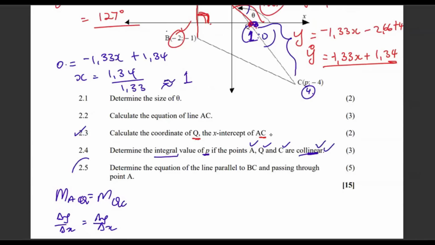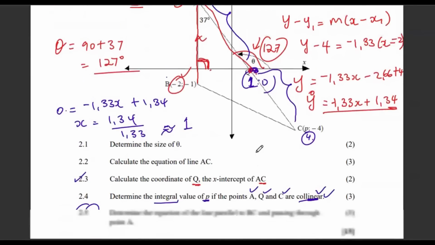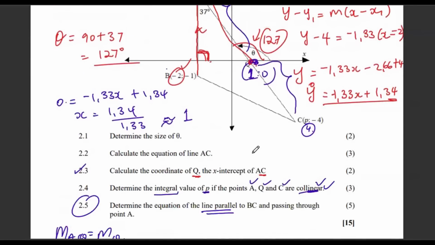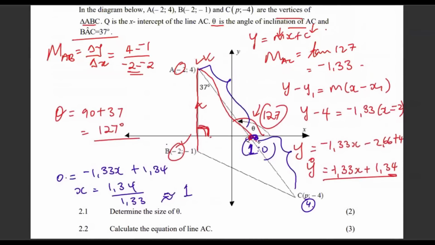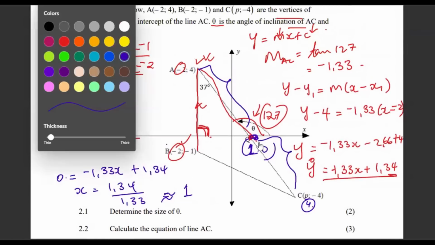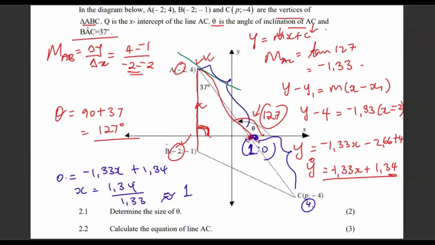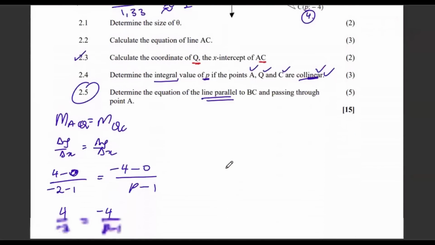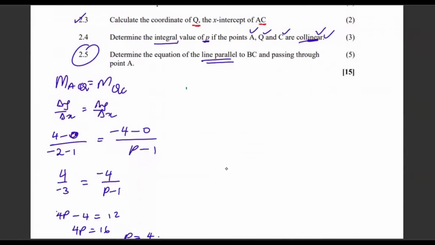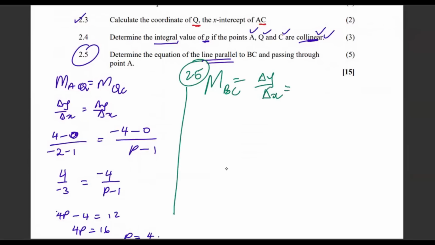Then 2.5, they want us to get the equation of the line that is parallel to BC, but passing through A. Now, when lines are parallel, what happens to the gradients? The gradients must be the same. So what this question is asking us indirectly to do is get the gradient of BC. So gradient of BC, we're going to have the change in y over the change in x.